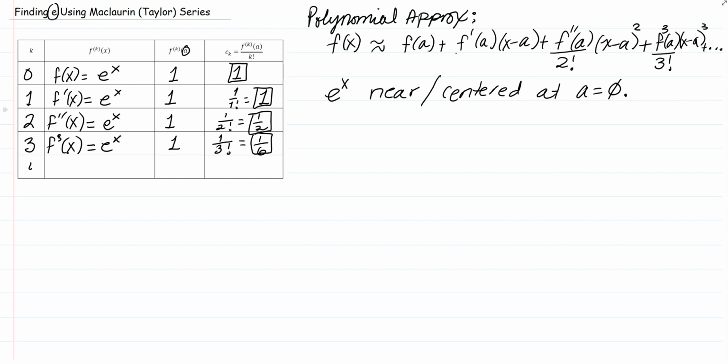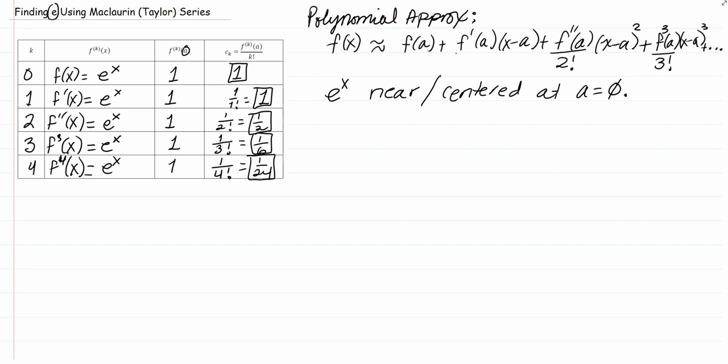And if you go further and keep taking the derivative, it's going to stay e to the x. Evaluating that at 0, it's going to be 1. So your coefficient is still going to be 1 over k factorial, which in this case is 1 over 24. So these are your coefficients.